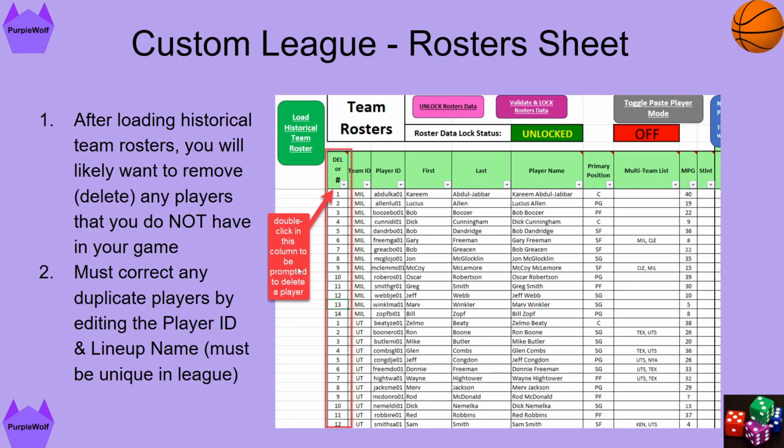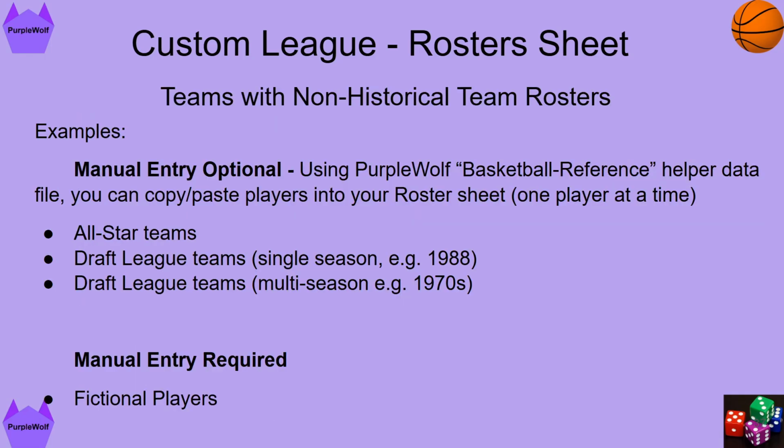So that's setting up the custom league rosters. And if you have leagues, if you have a custom league with teams that aren't historical teams, that don't have historical rosters, then you basically have 2 options.